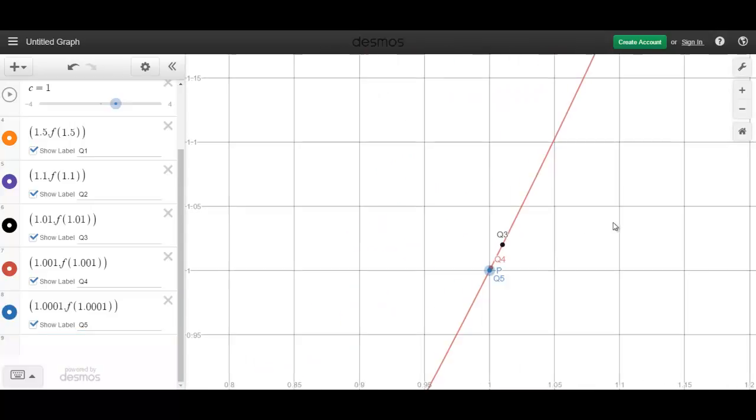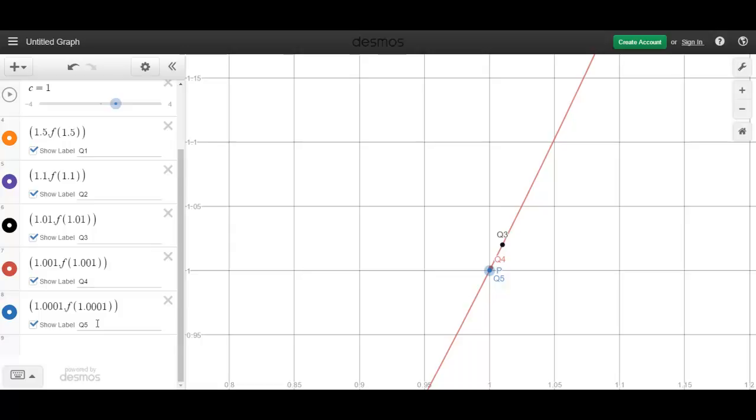So the point here is that we want a secant line through P and Q1, PQ2, PQ3, PQ4, PQ5. Essentially P through all of these points. So that's going to be 1, 2, 3, 4, 5 secant lines.